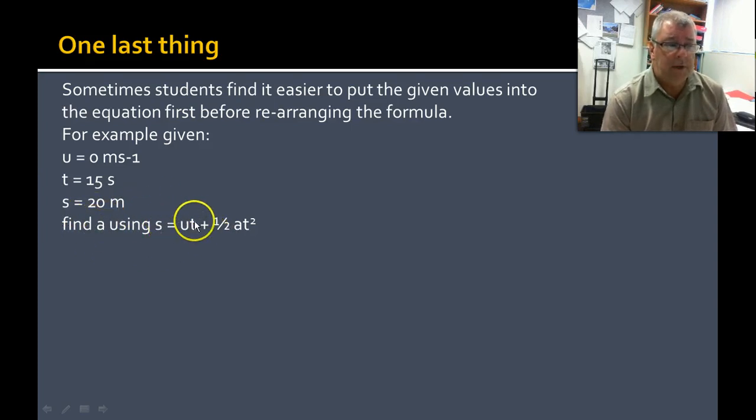So we could rearrange this to solve for a using all those skills that we just used, or we can put the numbers in and then simplify. The reason a lot of students will put the numbers in is because sometimes it makes life a little bit easier. So there's the equation we want to use. Now I've taken this half and made it into a divide by 2, simply because that makes life a little easier for some of us.